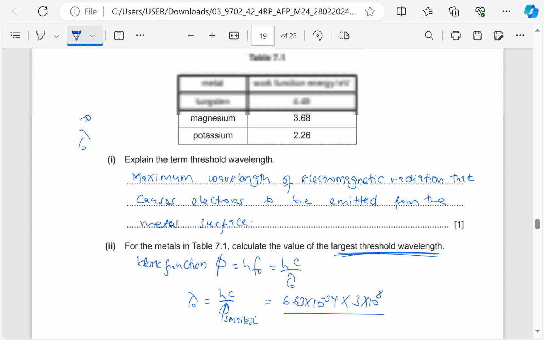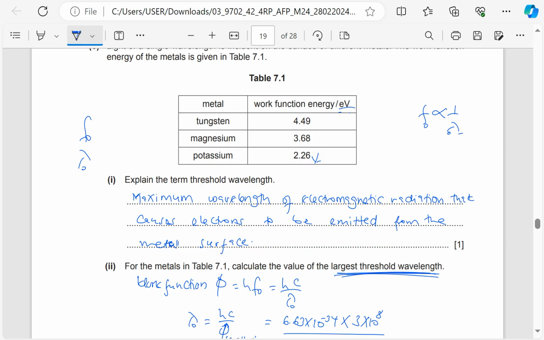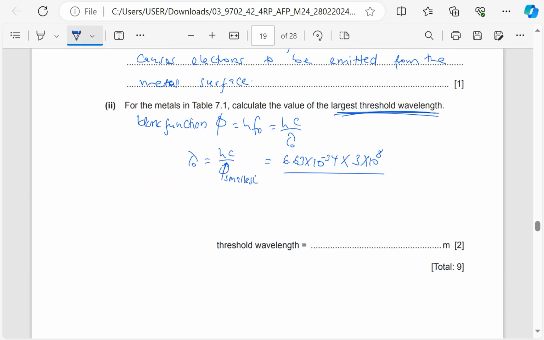The smallest work function is this one here, which must be changed from electron volts to joules. So from electron volts to joules, I multiply by 1.6 times 10 to the power of minus 19. So this will be divided by 2.26 times 1.6 times 10 to the power of minus 19 to change it to joules.